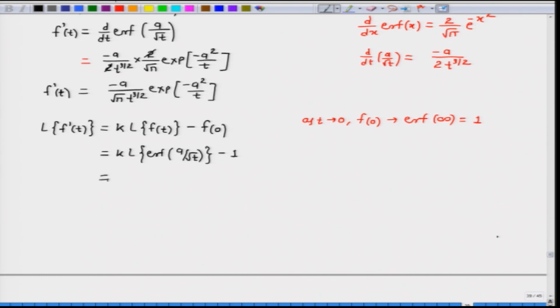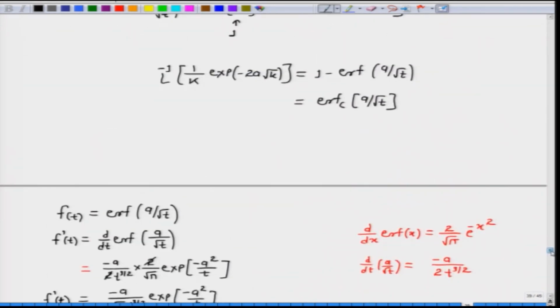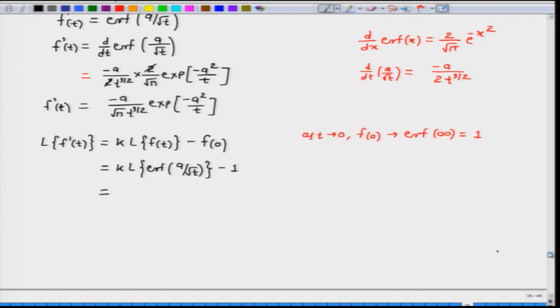And we just derived the formula for Laplace transform of error function of a by root t. If we substitute for the Laplace transform of error function a by root t, that should be equal to 1 by k minus 1 by k exponential minus 2a root k, minus 1. So, this k times 1 by k is 1, it will get cancelled with this 1. So, what we have is minus exponential minus 2a root k.